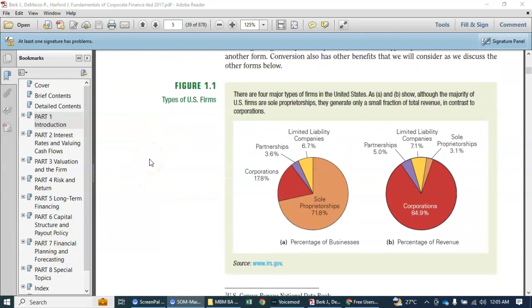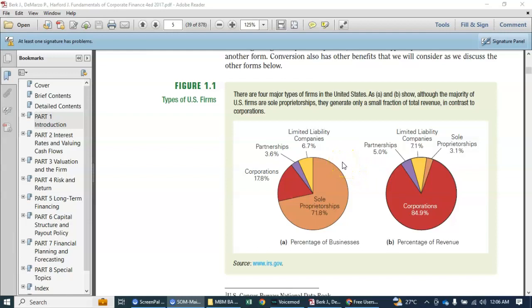What's in here is figure 1.1, which shows the four major types in a pie graph in terms of the share in the total business in the US. It shows here that corporations make up 85% of all the businesses, and of course we are going to discuss why people are choosing corporations over the others.